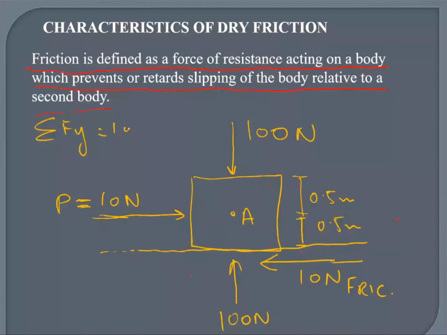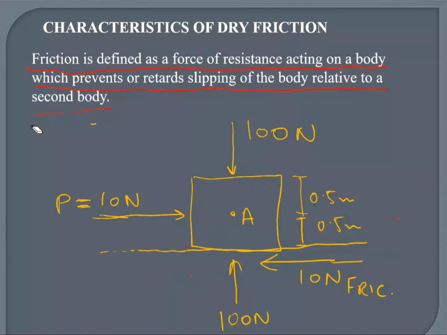So basically it's this one and this one, okay? According to you, there's no issue. Then we do the sum of all along the x-axis. So that's P, which is 10 Newton, minus friction, which is 10 Newton in the opposite direction, that's 0. According to you, that's no issue.